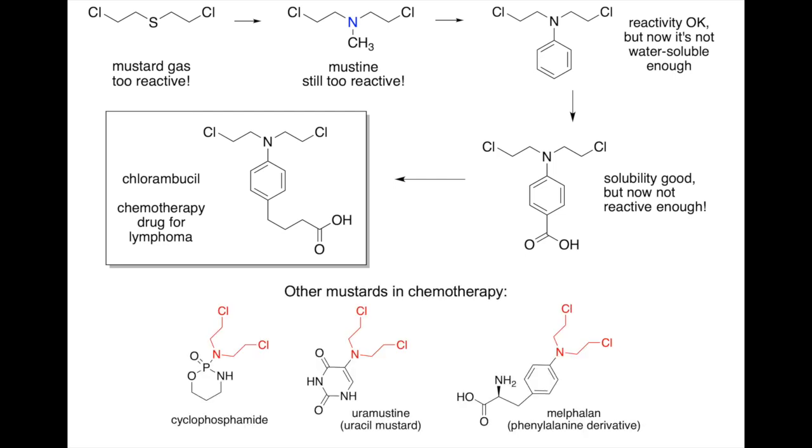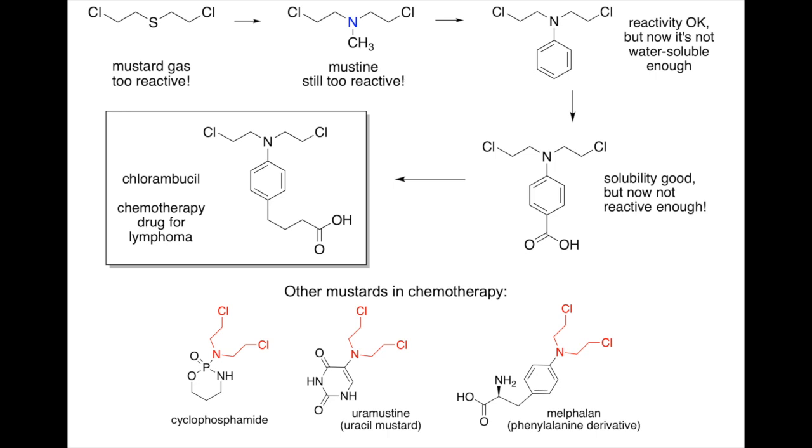In the modern day, there are several mustards that are used in chemotherapy. Cyclophosphamide is a really common one used in combination therapy, particularly for, I think, breast cancer. But uracil mustard, phenylalanine mustards, many of these are derivatives of biological molecules that kind of help the body get it to where it needs to go.